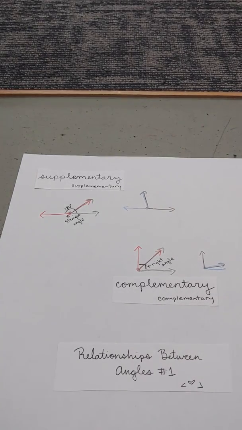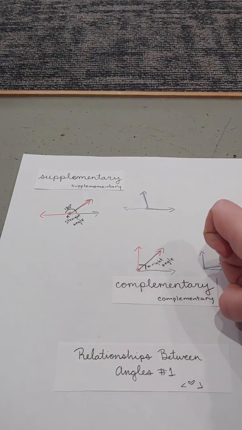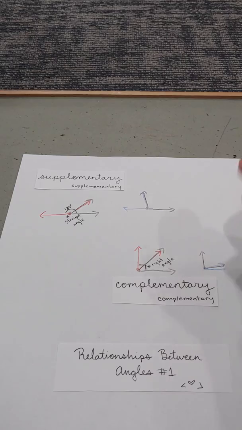Supplementary means to supply in Latin. Kind of the same thing, huh? It's like the second angle in a complementary one fills up the angle and turns it into a right angle. And the second angle in a supplementary pair supplies whatever is needed to make a straight angle. Crazy stuff with words, my friends.